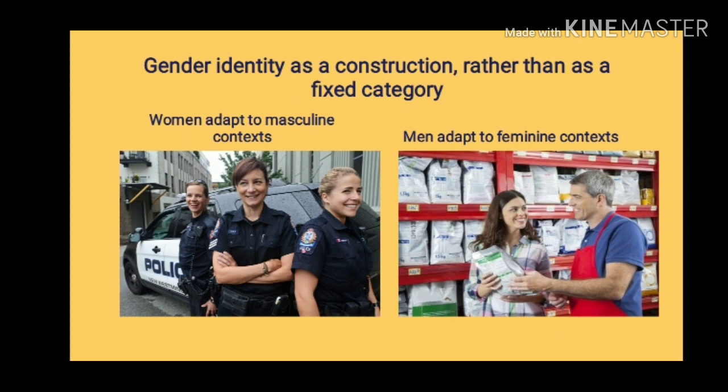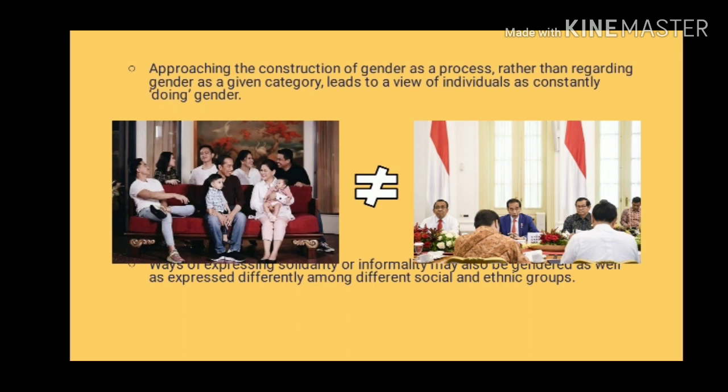They avoid strong swear words, and they act as responsive and facilitative conversationalists, encouraging their addressee to talk. Approaching the construction of gender as a process, rather than regarding gender as a given category, leads to a view of individuals as constantly doing gender.